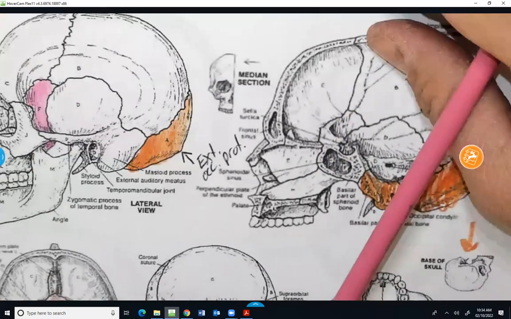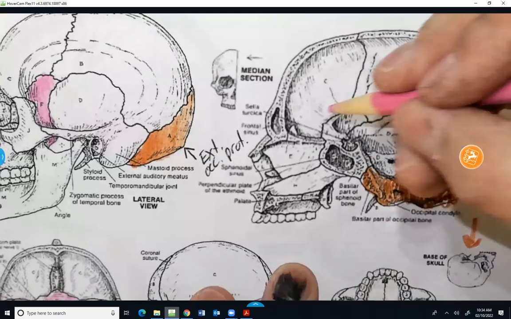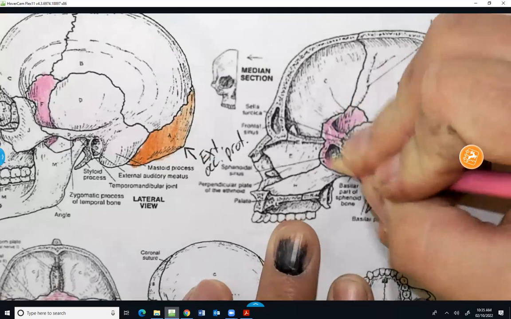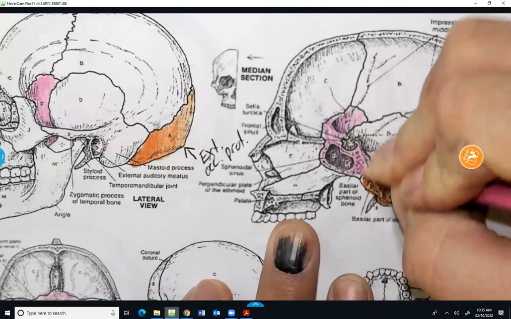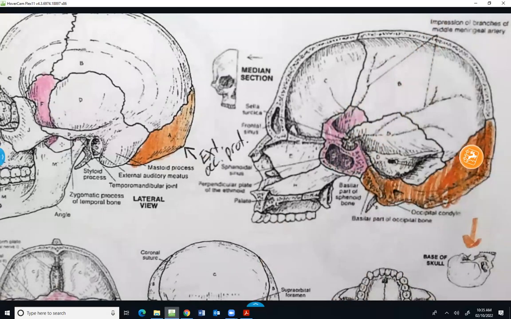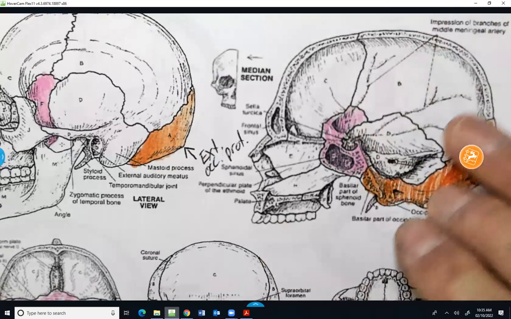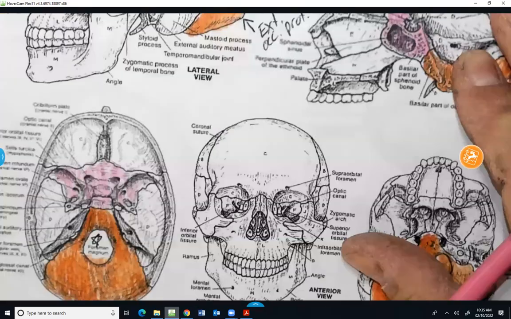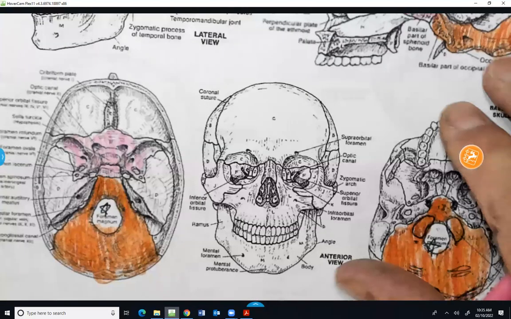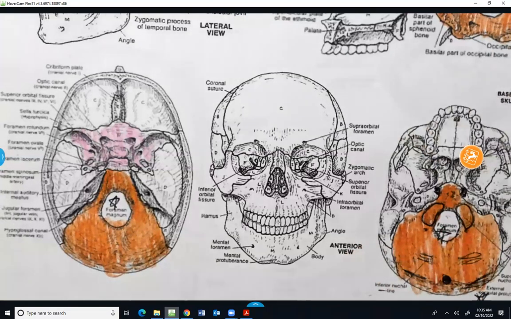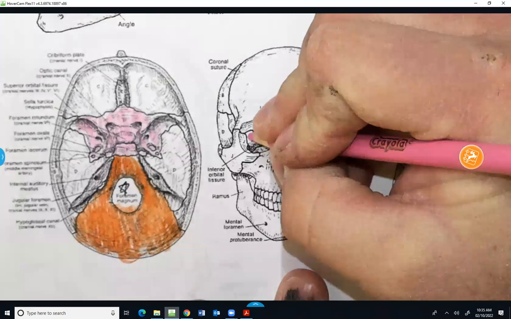Here in our medial view, we can see some parts of it that I'll talk about here in a second. Kind of weird looking view to show it off. It also contributes to our eye sockets. In fact, it forms the back of our eye sockets.